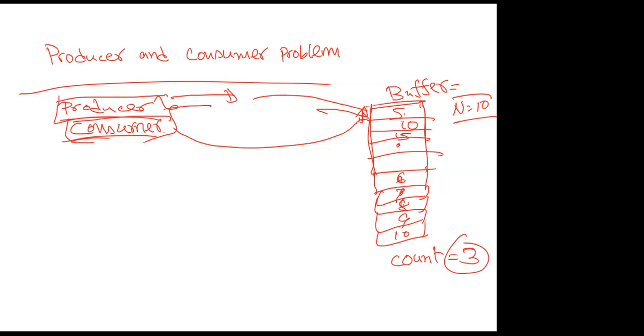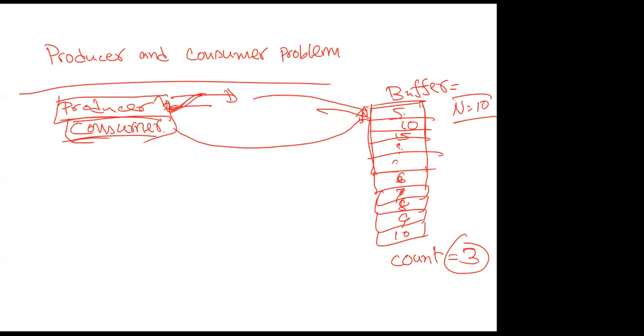Let's say it is the producer process, scheduled for 5 units of time, and in each unit of time it can run one time. So in 5 units of time it can insert five numbers inside this buffer. If it is 10 units of time, the operating system has given the producer process a long amount of time.